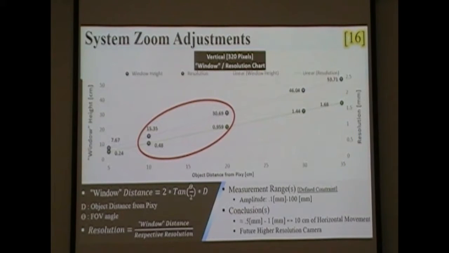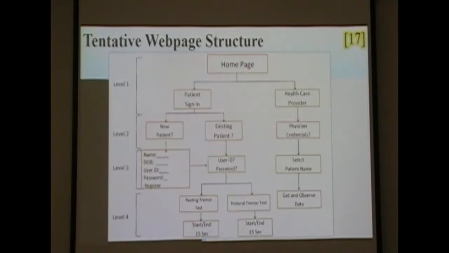We want a range that measures both. If the displacement system moves at least 10 centimeters, the resulting resolution we can get is 0.5 millimeters to 1 millimeter. After consulting with our sponsor, we found this will be okay for our proof of concept. But we do expect a future higher resolution Pixie camera to be developed, which will increase the resolution in both axes.